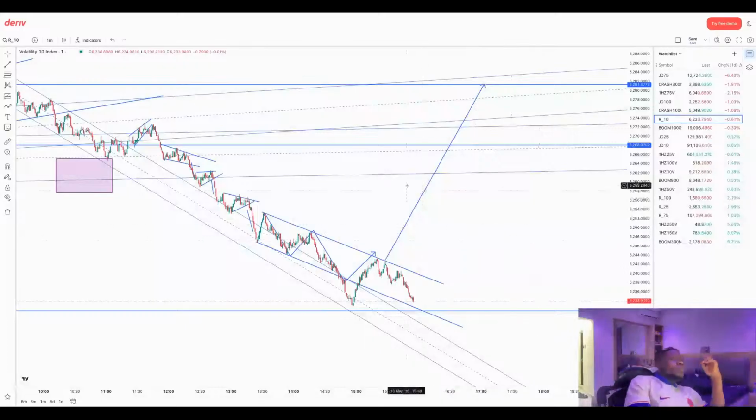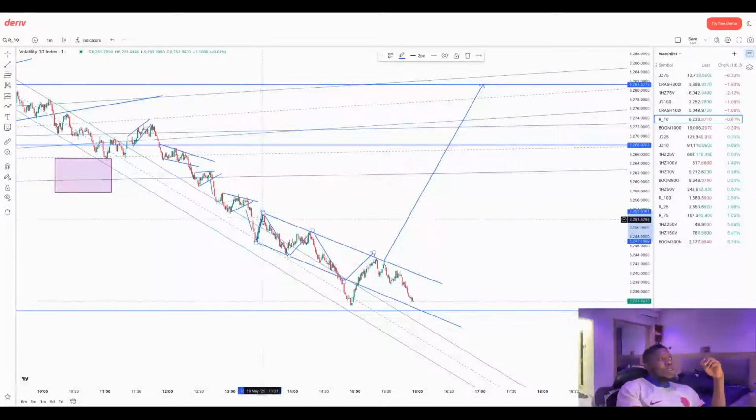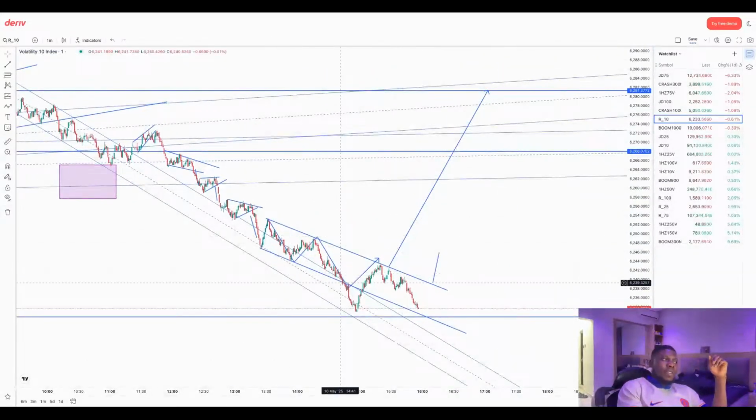So far, maybe you can check this volatility 10 out. If this pattern is forming and it plays out, your first target is like here. Once it breaks out, maybe here, another pattern forms, and we definitely get to this place because this is a reversal pattern showing that the end of the trend is there.